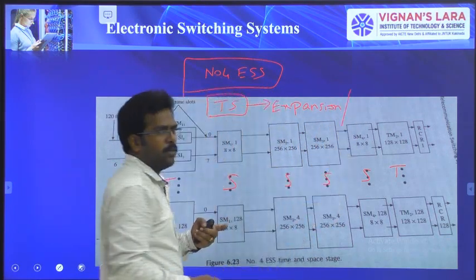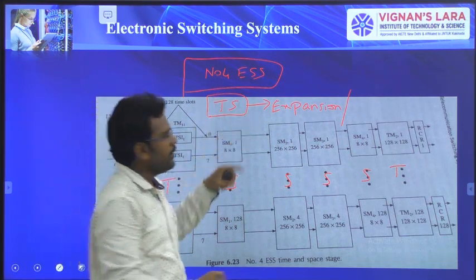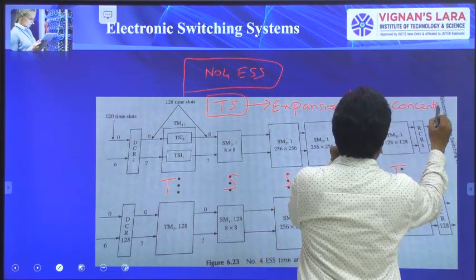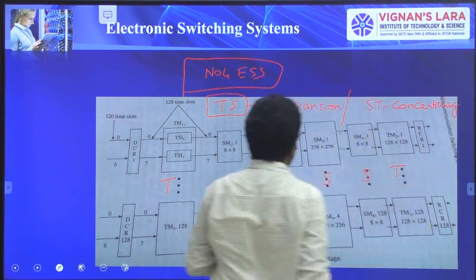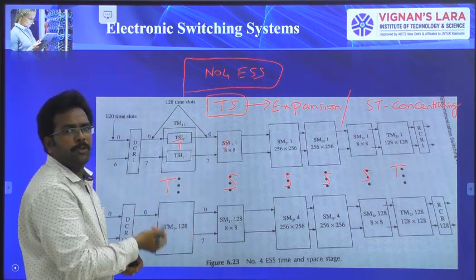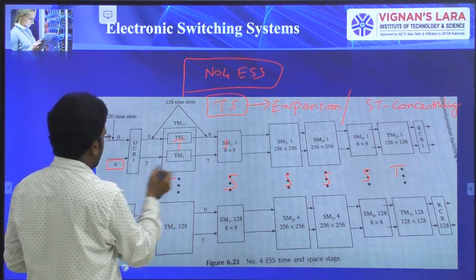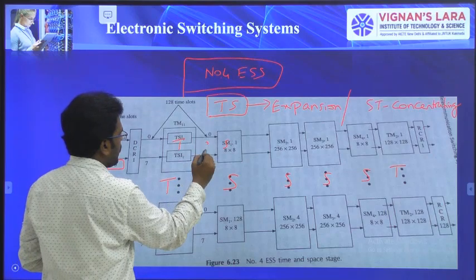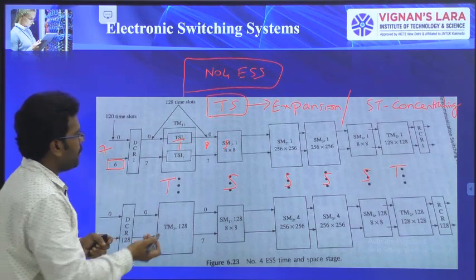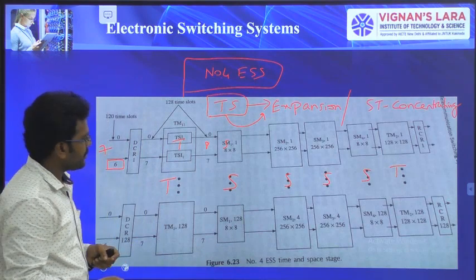While discussing two-stage switches, we have seen this point: generally TS is used for expansion mode and ST is used for concentrating mode. Since I am using T and S here, it represents expansion mode. You can see here it contains only 6 slots, whereas here 7 slots, and here some 8 slots. That means you have increased the number of samples. Therefore, this TS is used in the first stage as an expansion stage.